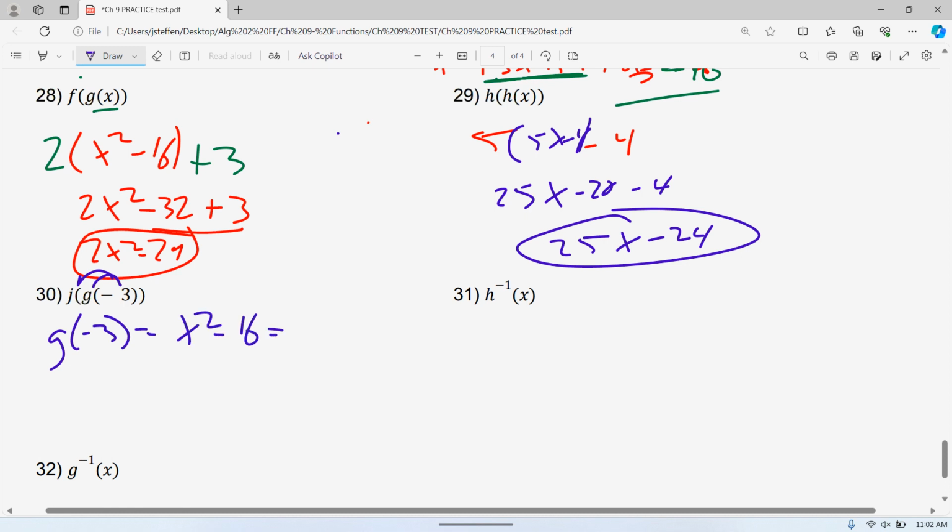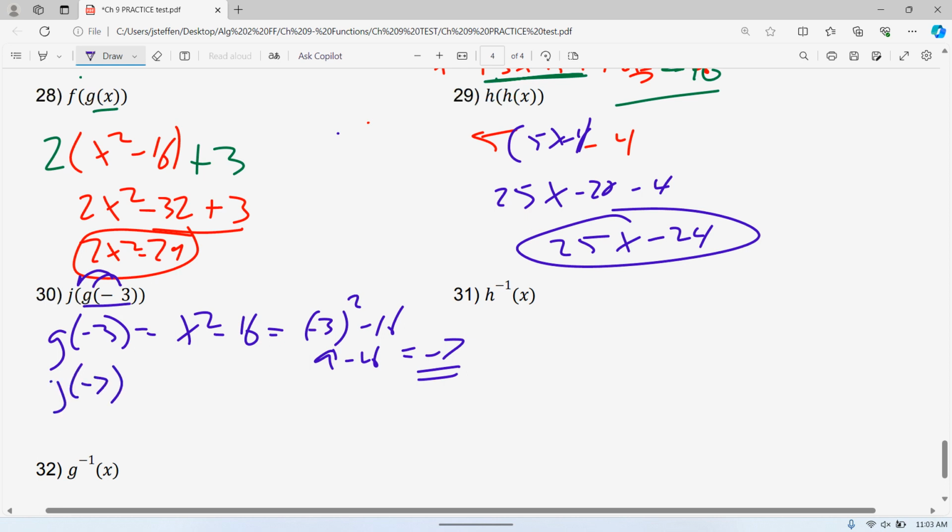So it's negative 3 squared minus 16, which is 9 minus 16. So that's great, but then now that negative 7, that's the g of negative 3, but now I have to plug that into the j. So now it's g of negative 7.